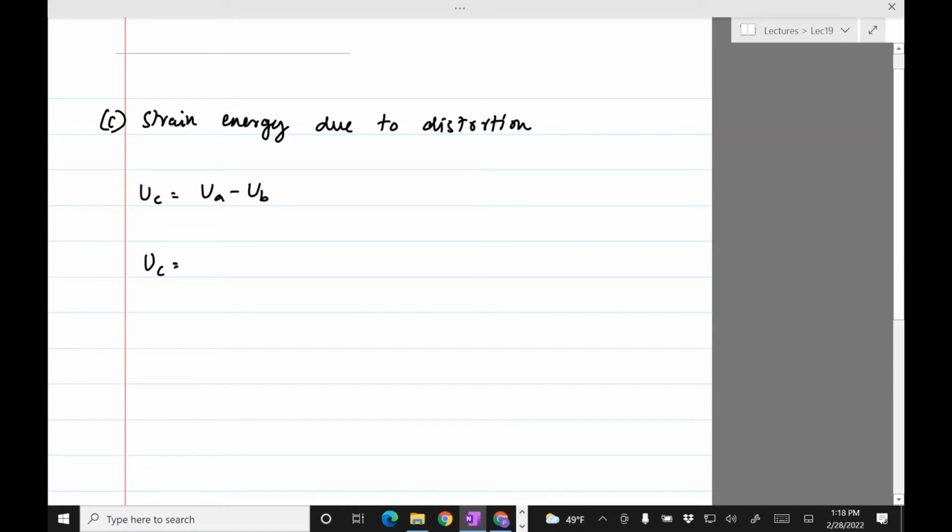It comes out to be (1 plus nu) divided by 3E, then sigma 1 minus sigma 2 squared plus sigma 2 minus sigma 3 squared plus sigma 3 minus sigma 1 squared.